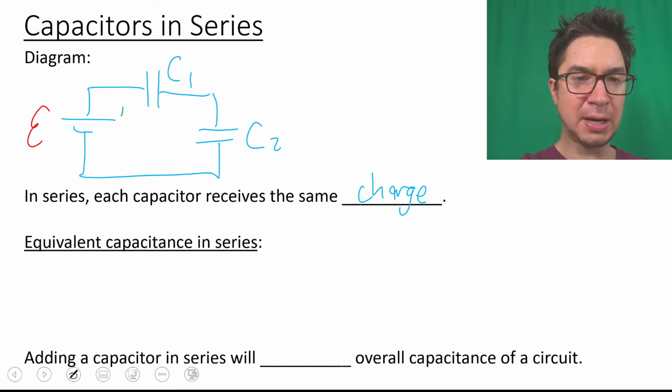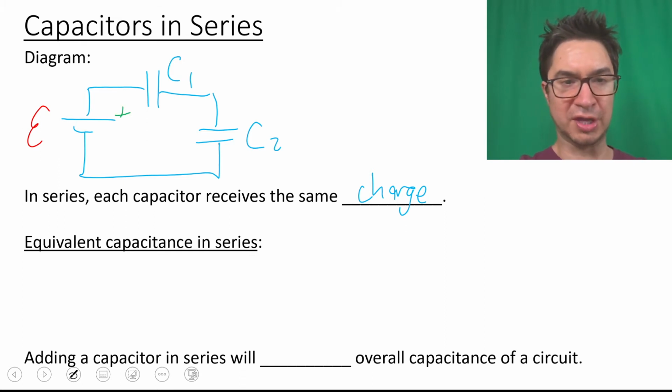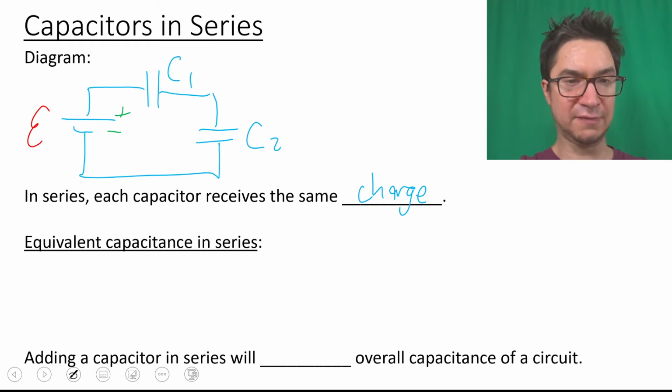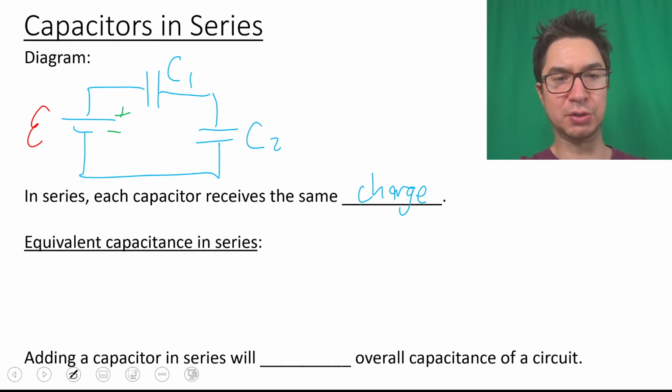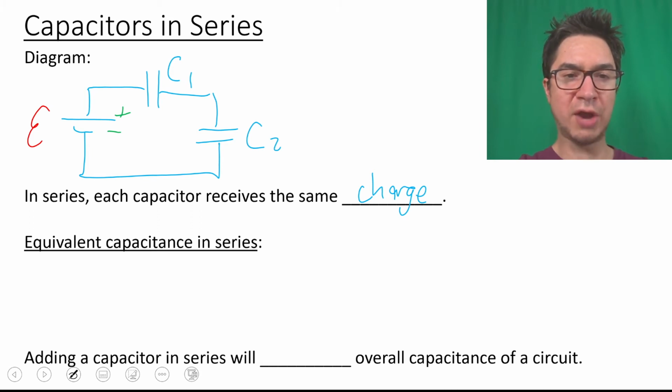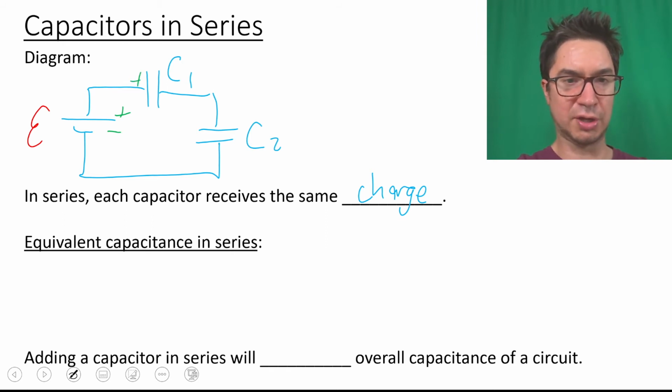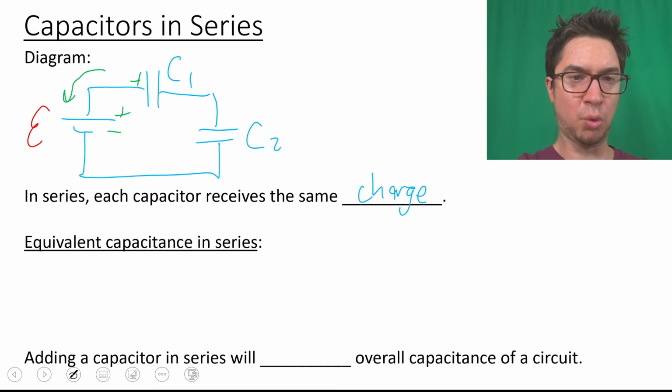If this is the positive terminal of a voltage source and this is the negative terminal, any electrons in the wire will be repelled from the negative terminal and attracted to the positive. So this side over here is going to be mostly positive, because electrons will be drawn away from this plate.